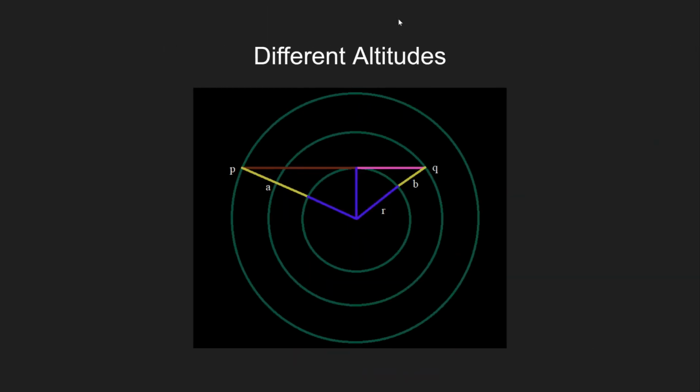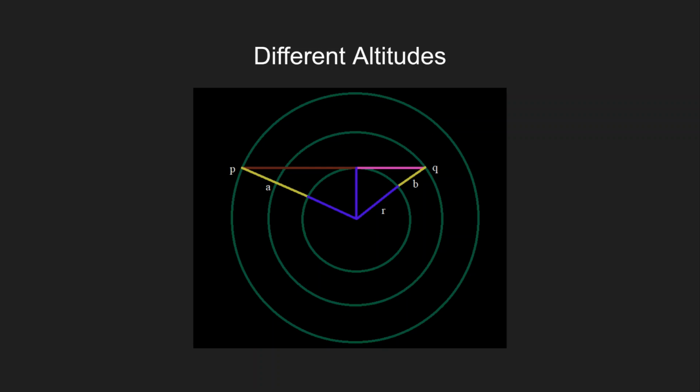Suppose our two planes are as far apart as they can possibly be while still being able to see each other. Then their line of sight will just barely skim over the Earth. Now these two planes might have different altitudes.